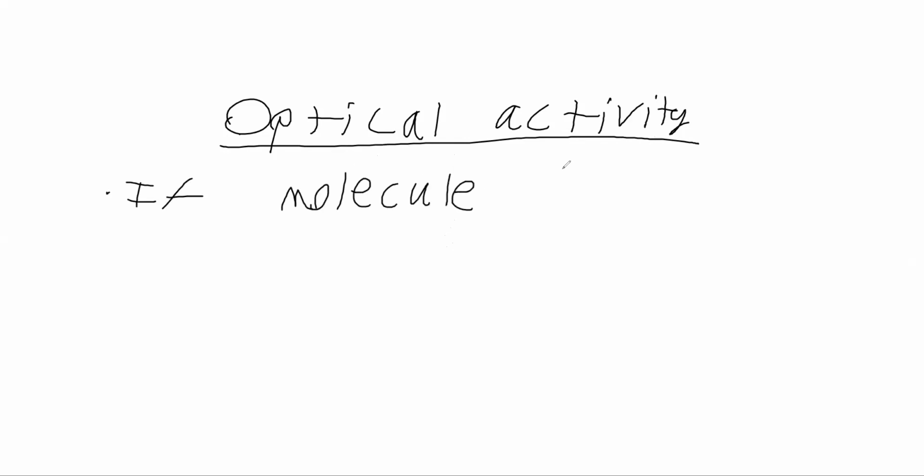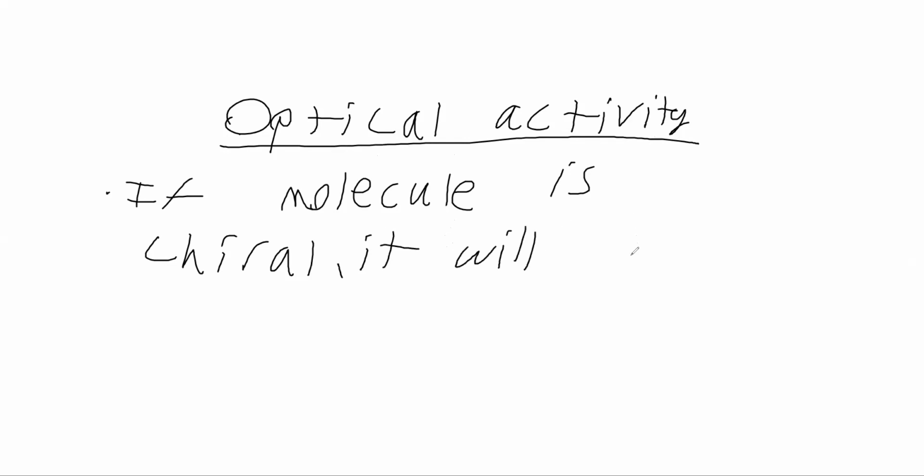And then once you've identified that something is chiral, you should understand the concept of optical activity. You don't really have to know a whole lot about this, but you should know that a molecule can have chiral centers but be achiral, that's a meso compound. But if the molecule overall is chiral, then it will rotate plane polarized light.